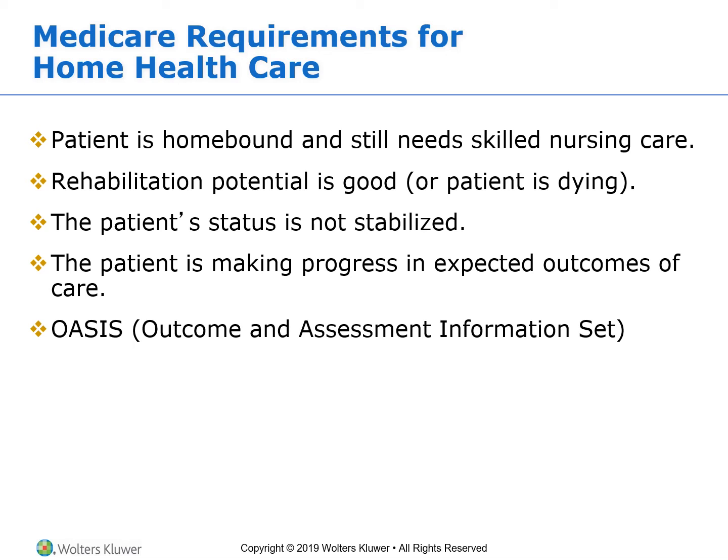The OASIS, Outcome and Assessment Information Set. The Outcome and Assessment Information Set, OASIS, is a group of data elements that represent core items of a comprehensive assessment for an adult home care patient. They form the basis for measuring patient outcomes for the purpose of outcome-based quality improvement. The OASIS is a key component of Medicare's partnership with the home care industry to foster and monitor improved home care outcomes.